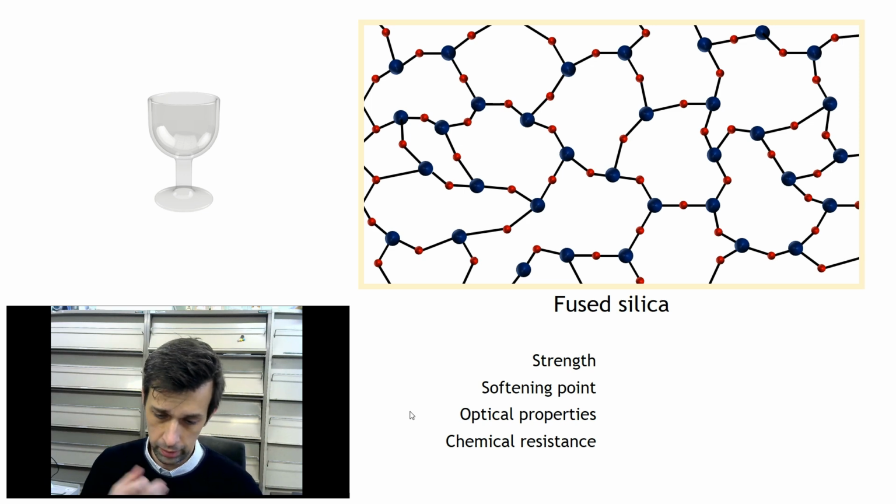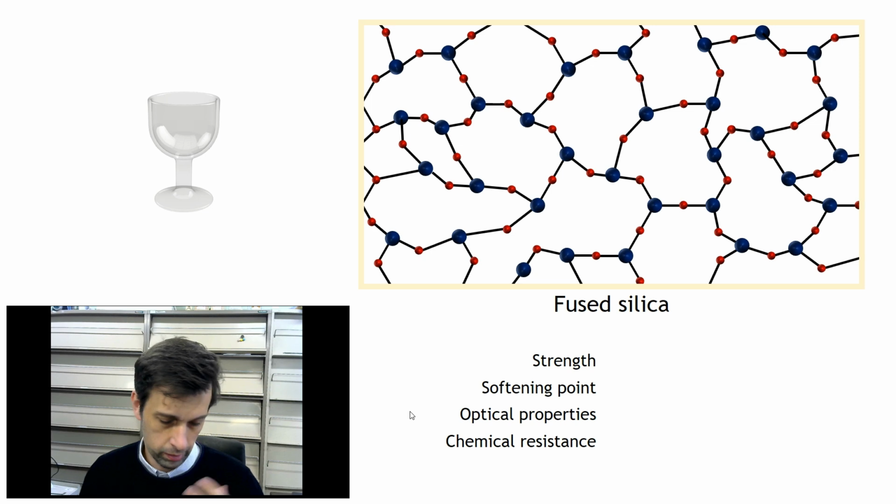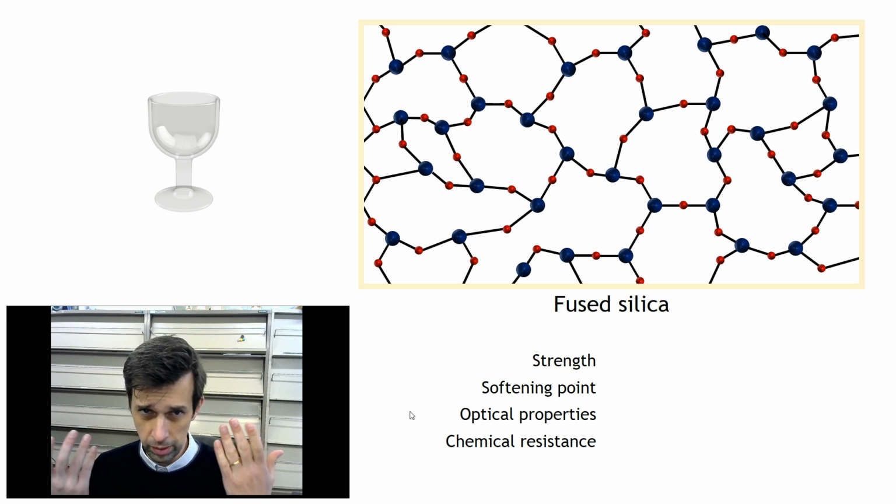Fused silica is what you obtain when you lower the temperature of your melted silica, not low enough to form quartz. That's not just a matter of temperature. There are also environmental conditions, there's also pressure, etc. But the point is, silicon and oxygen tend to form an amorphous structure, which is something not well organized like this.